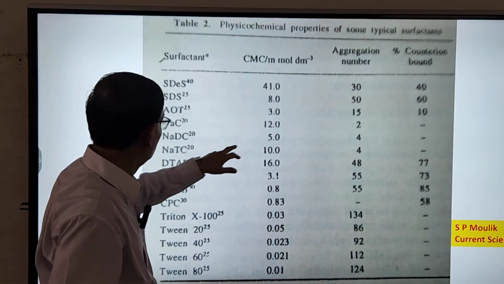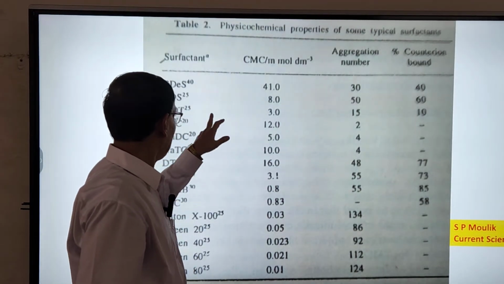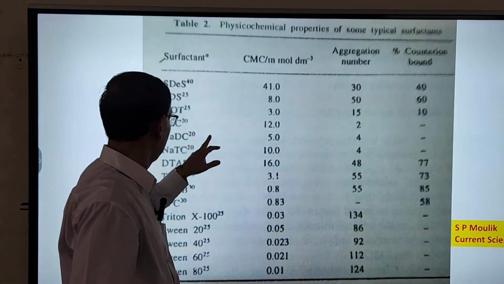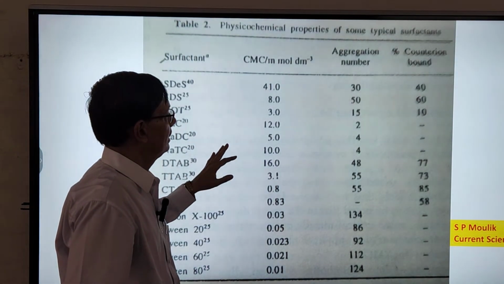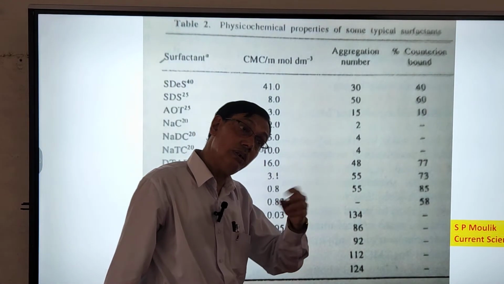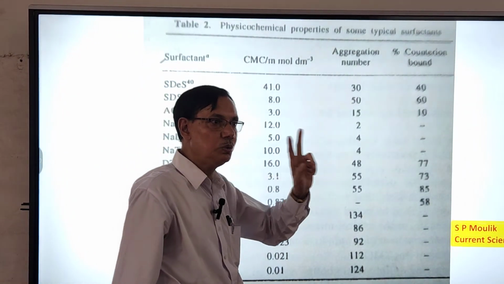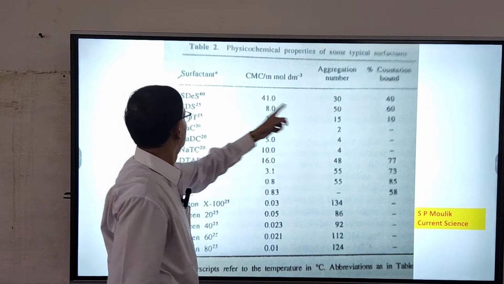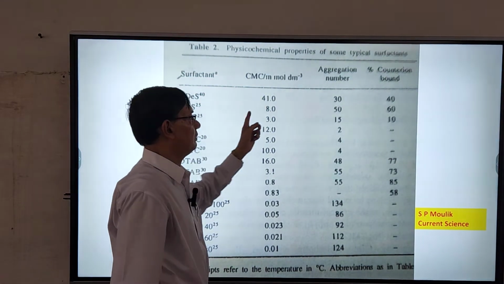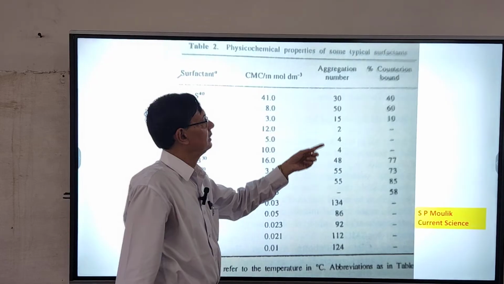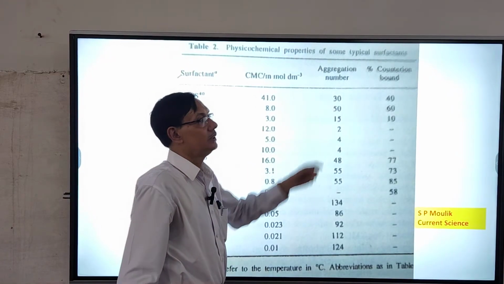In some cases, these are bile salts, sodium cholate and sodium deoxycholate, although they are surfactants. Here the aggregation number is only 2. Can you imagine, only 2 and 4? Whereas sodium dodecyl sulfate, which is a very common surfactant, is 50.